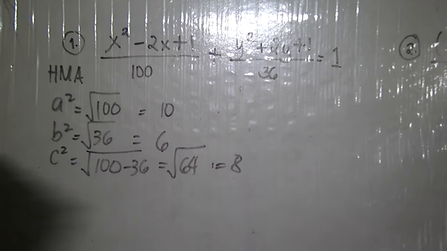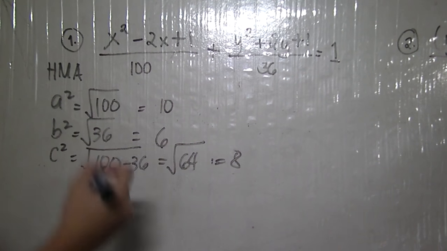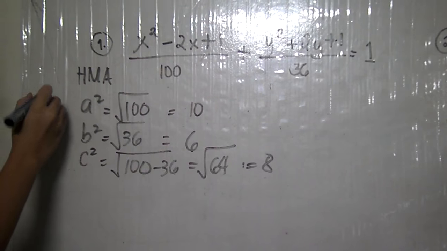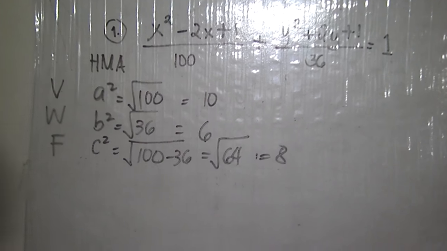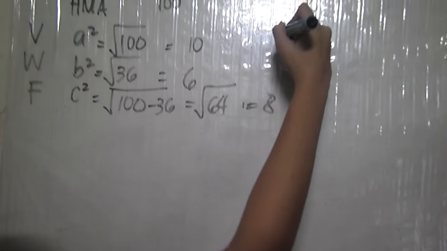Then after that, we need to find the vertices, foci, and the co-vertices in order to graph this equation. We're going to find the vertex by looking at the center.